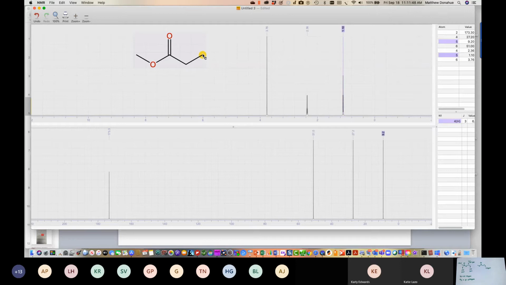If I highlight the carbon itself, that carbon's at 9.2. The next signal is at 2.36, and the carbon is at 27.2. Finally, the last signal is at 3.76, and the carbon itself is at 51. The sp2 hybridized carbon is at 173.